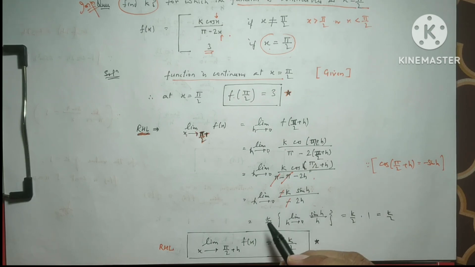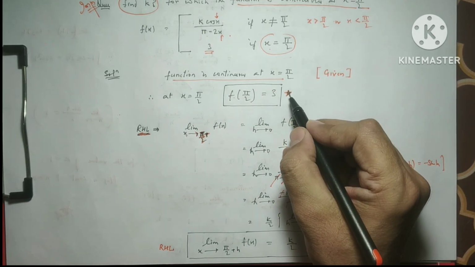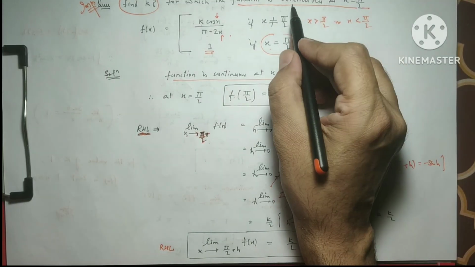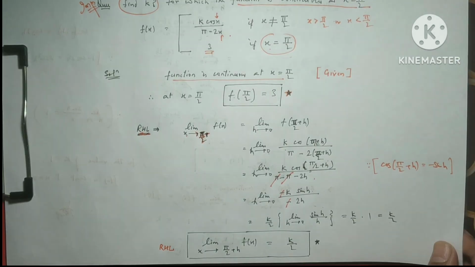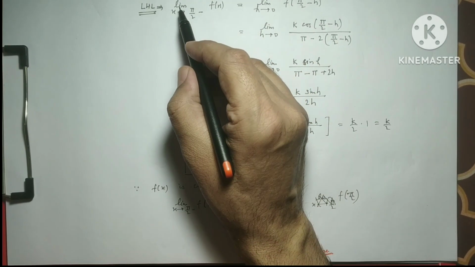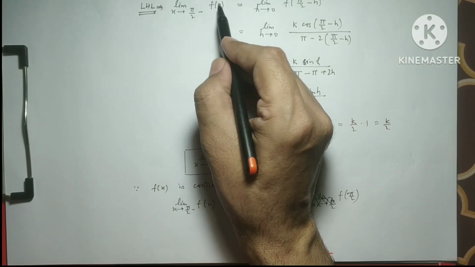Now we will find the left hand limit, and all are equal, the value at the point, right hand limit and left hand limit, because the function is continuous. So we go for the left hand limit. Right now, left hand limit, x tends to pi by 2 minus h of f of x.